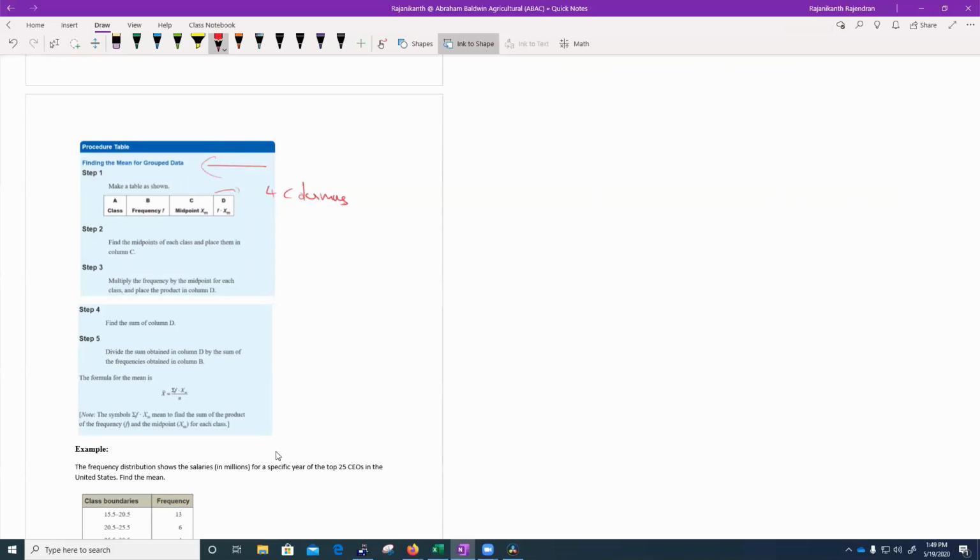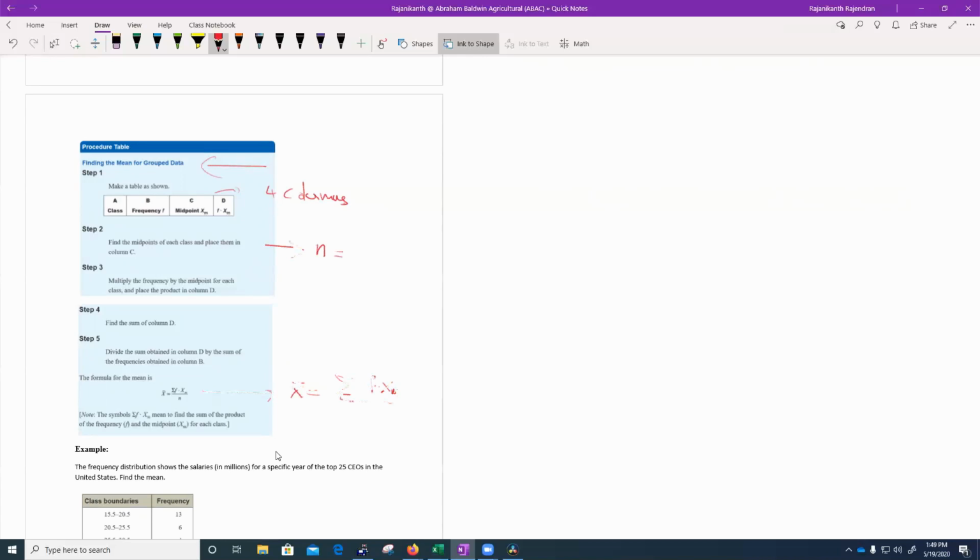Okay. So once you have all those 4 columns, the sample mean x bar is given by what? The summation of the product of f and xm, then divided by the number of data values, right? In this case, if you are given a frequency table, remember you saw this last time, right?